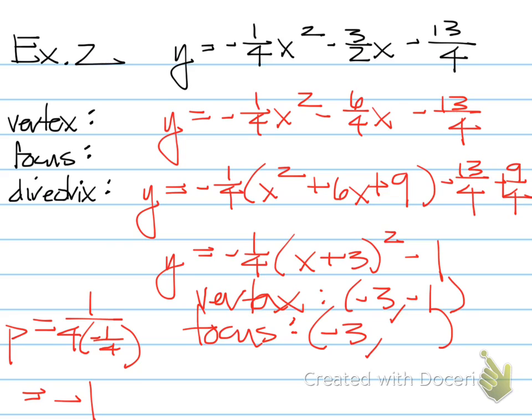The focus is going to be -3, -2. -1 minus 1 is going to be -2. And the directrix is going to be the equation y equals 0. When we add, -1 minus -1 is going to give us that 0.